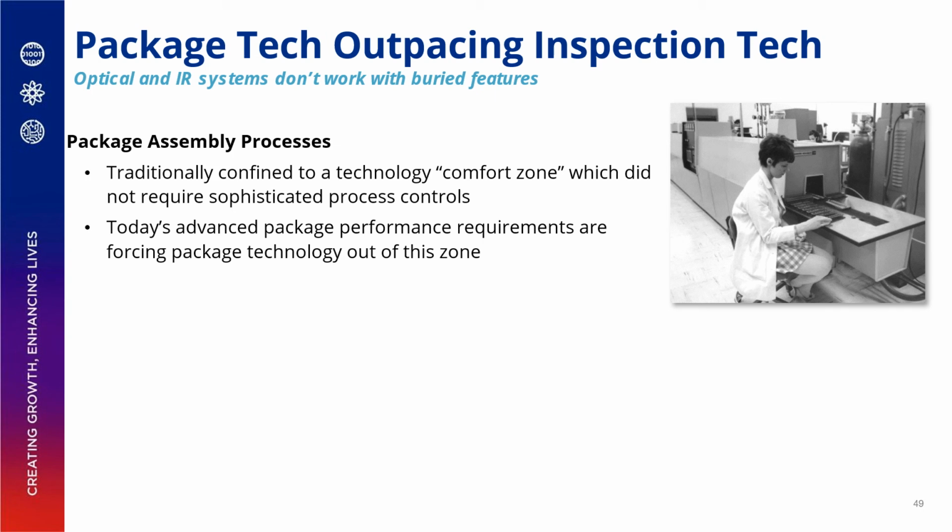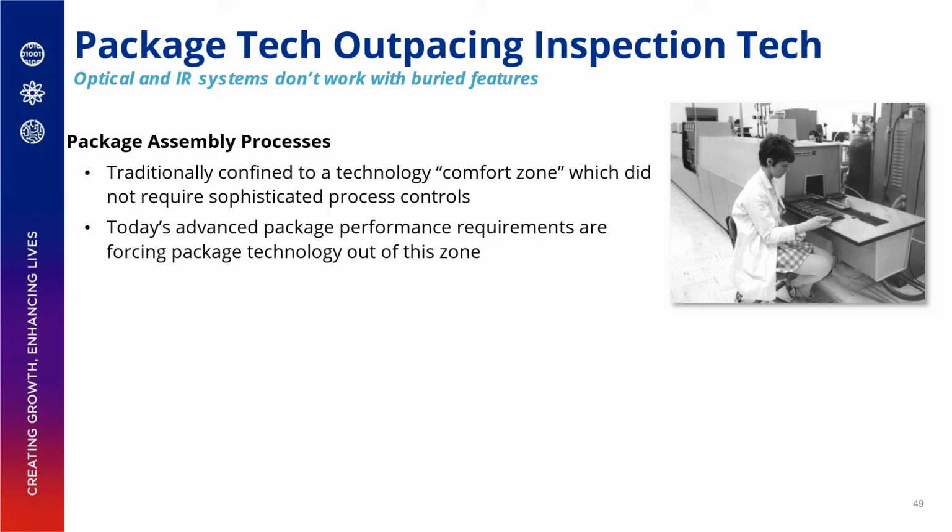Normally your package assembly process is traditionally confined to a comfort zone which does not require sophisticated process controls. However, today's advanced packaging performance requirements are forcing the package technology out of this comfort zone. You cannot just manually take a look at it and be okay with the current pace of your model development, with the current pace of revising your semiconductor chip.